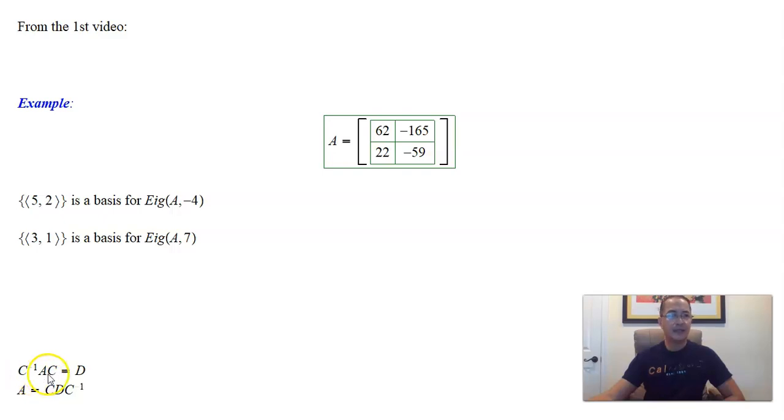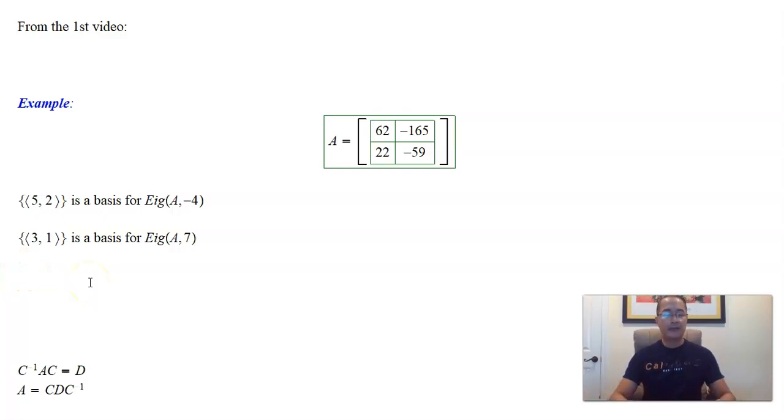On the left, C inverse AC has to be the diagonal matrix, but CBC inverse must be the original matrix A. So notice that C inverse is on the left in this equation, but it's on the right here. It's a little bit confusing, right? Okay, so let's perform the algorithm.